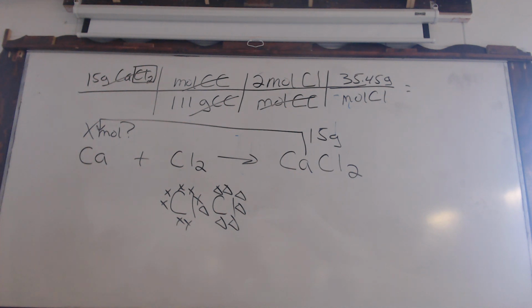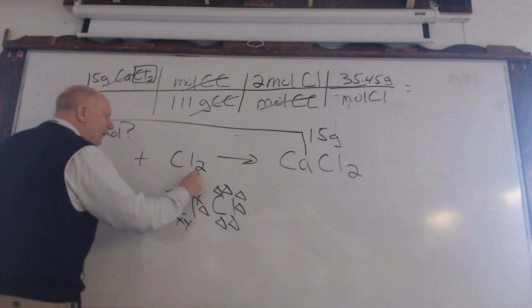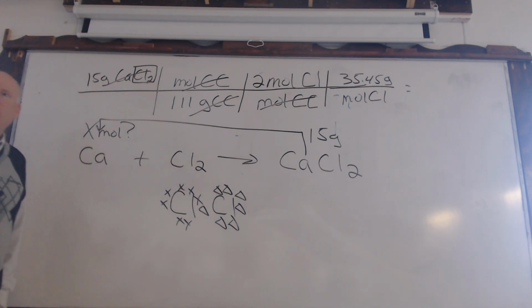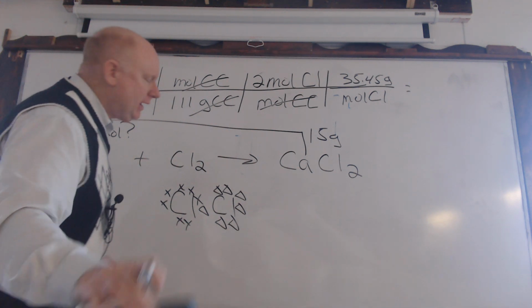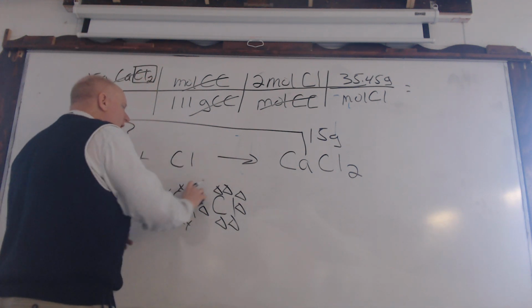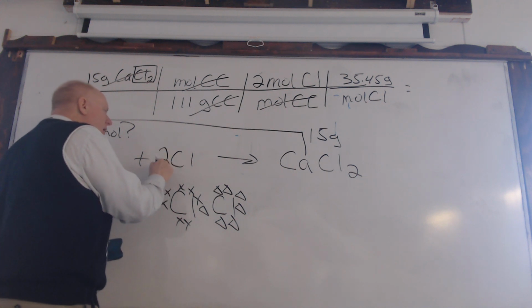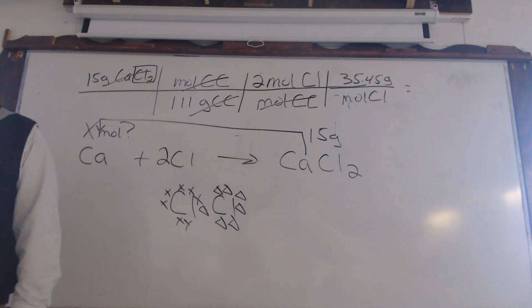Then the last thing we'd have to do is just balance this, but it's just a coincidence that it's already balanced, correct? Which it would not have been should you have left that alone. Because if you forgot that, you're going to be off by a factor of 2.